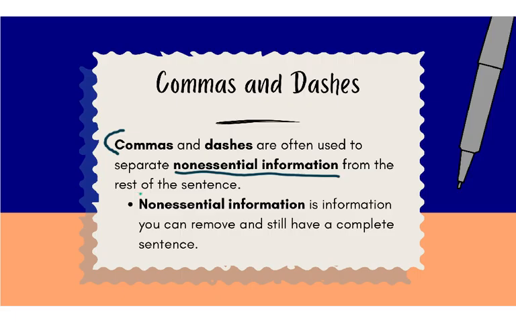Non-essential information is defined as information you can remove from a sentence and the sentence will still be complete. Just to clarify, because this gets a little muddled, non-essential information is information you can take out of a sentence. Commas and dashes are used to separate off that non-essential information from the rest of the sentence.